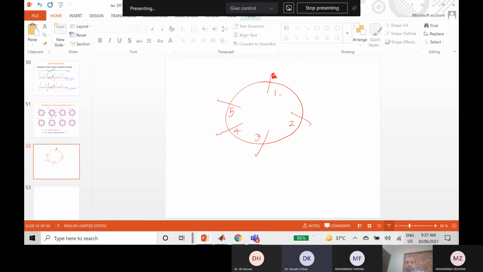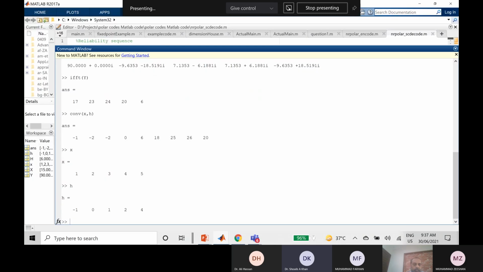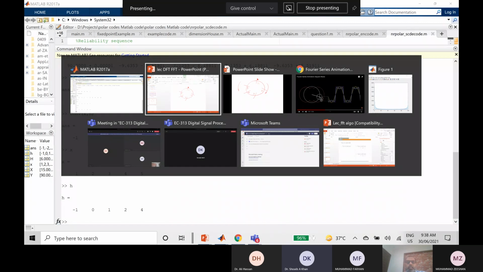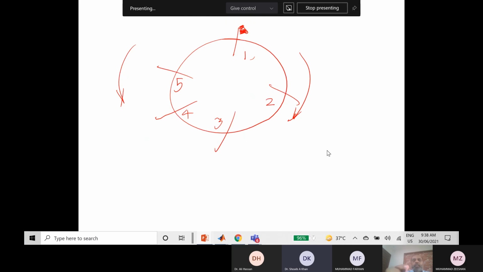Other signal क्या था जी? -1 0 1 2 4 was the other signal. So you write the other signal counterclockwise.